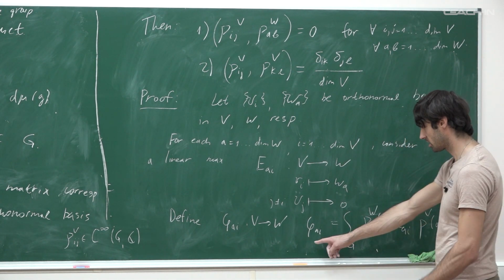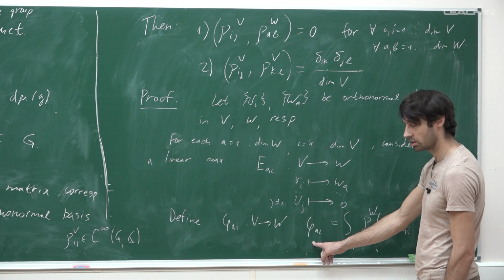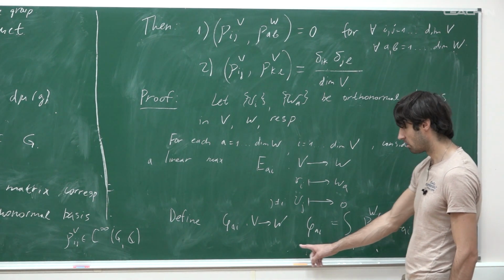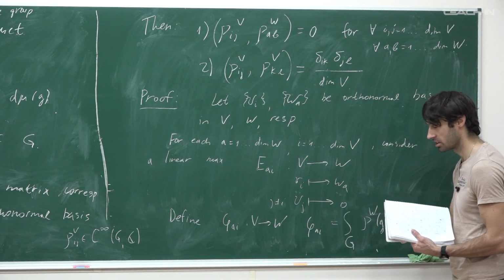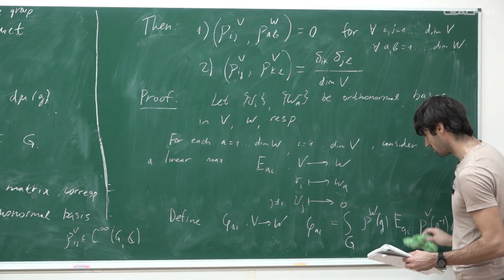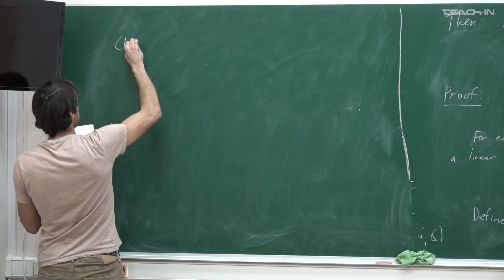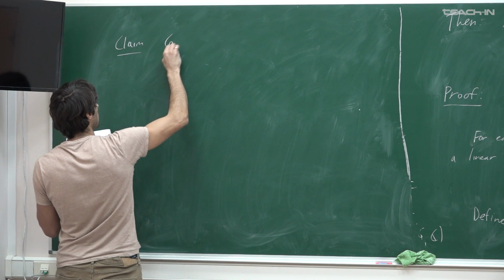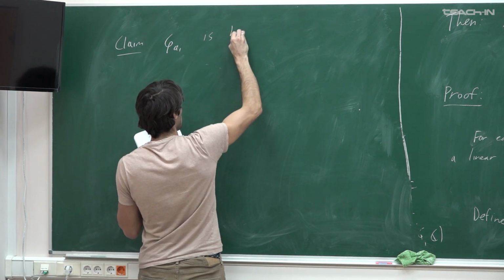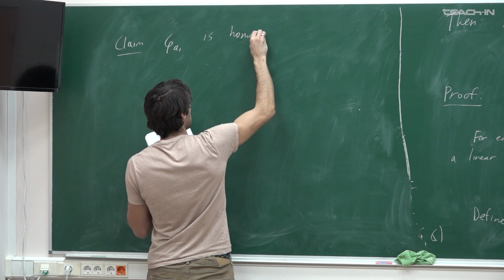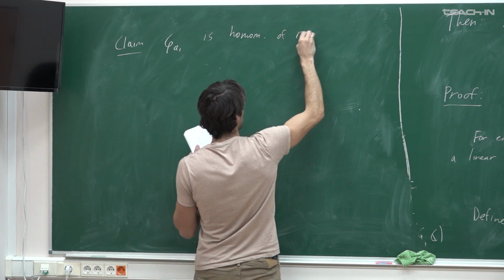So I claim that this is an intertwiner of G action. So it commutes with an action. Let's check. So the claim is that phi_{a,i} is what we call a homomorphism of representations.